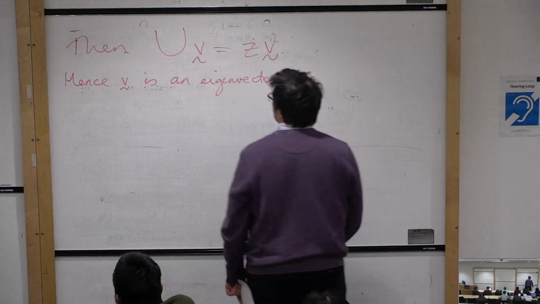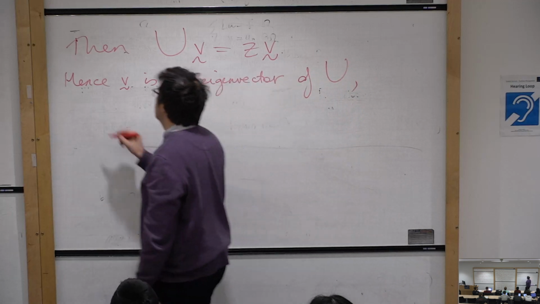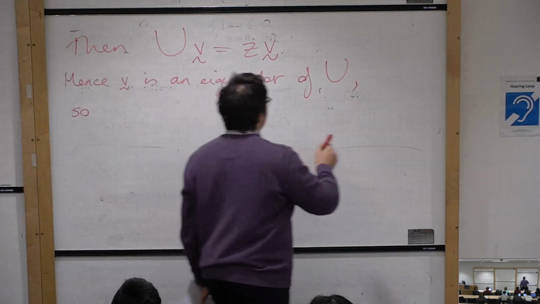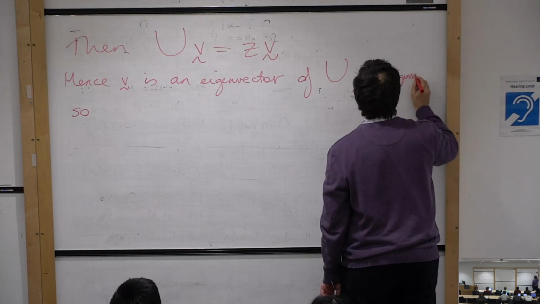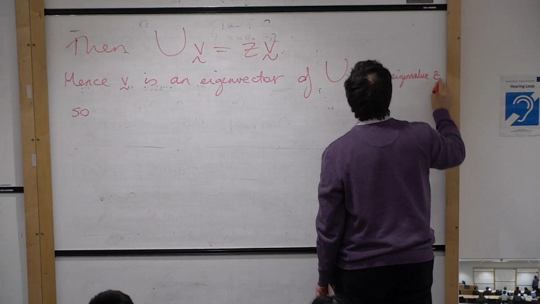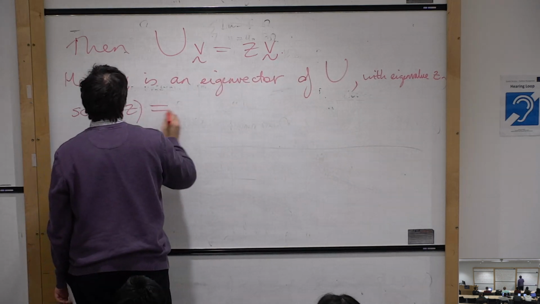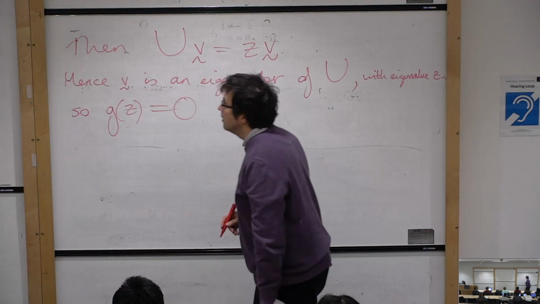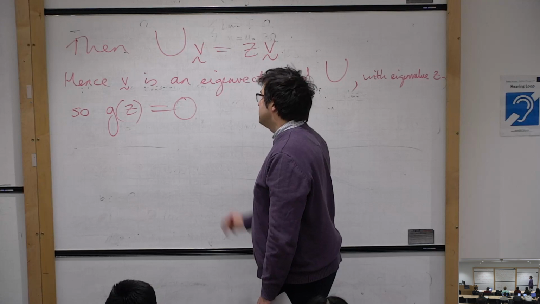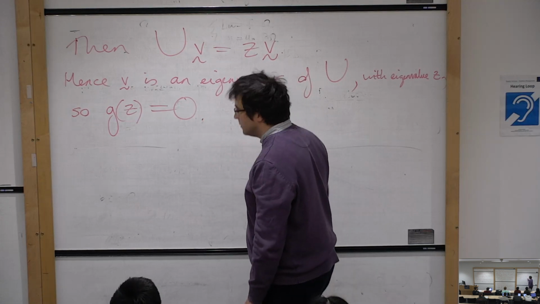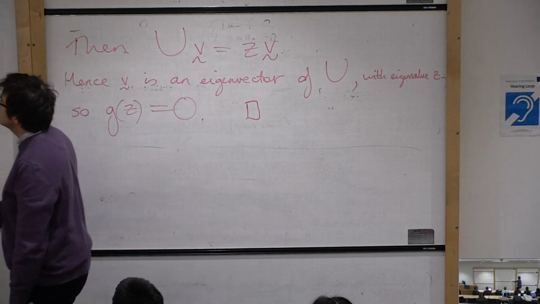V is an eigenvector of u with eigenvalue z, of course, and so by linear algebra, the characteristic polynomial of u vanishes on z, and that gives us the required monic equation with integer coefficients satisfied by z. Okay? Very important proposition.